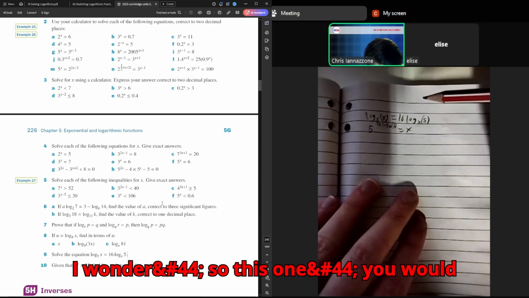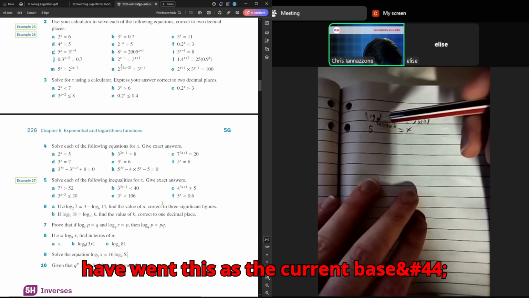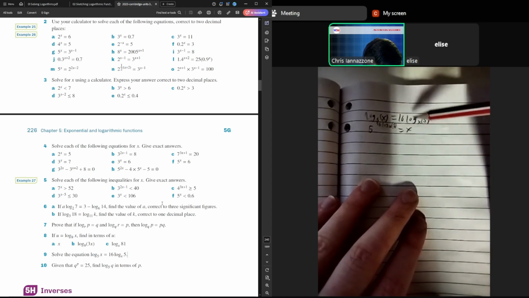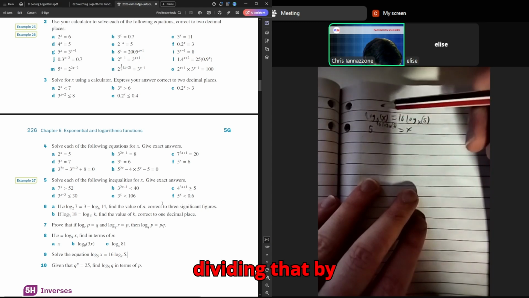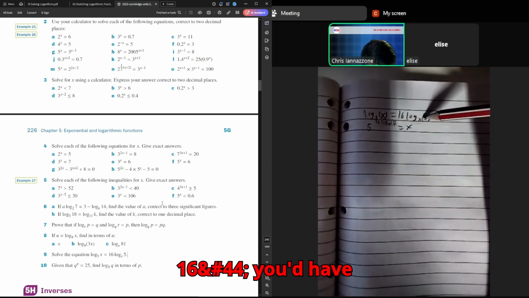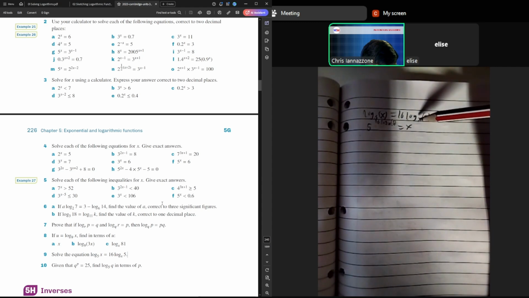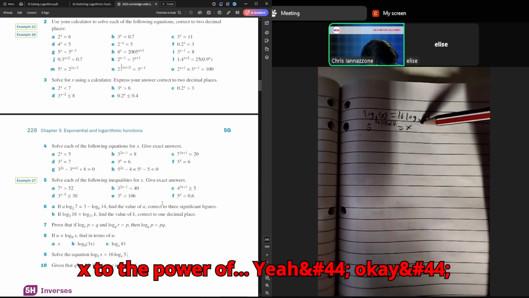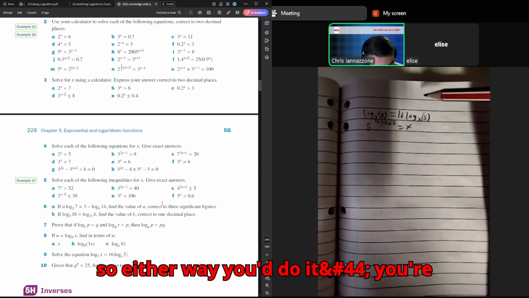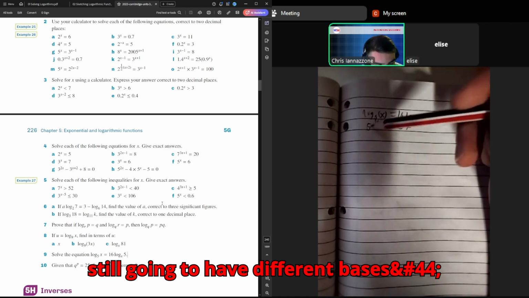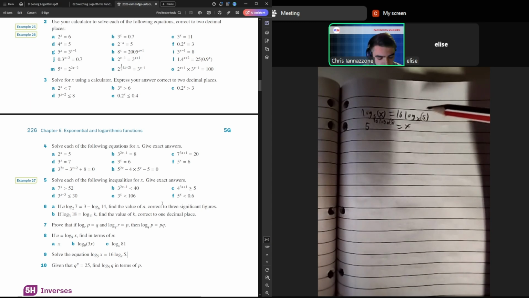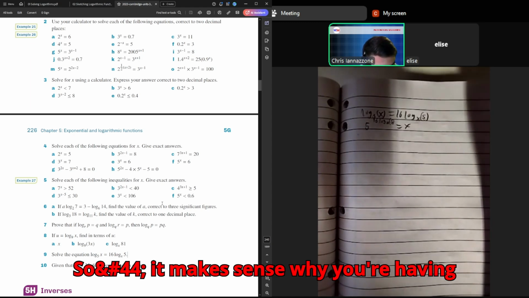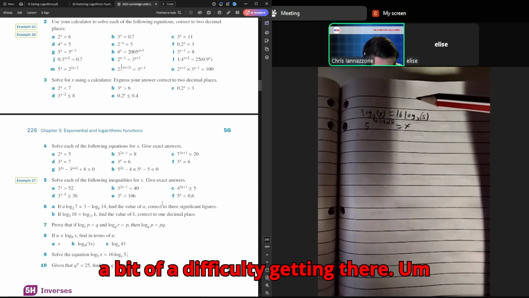If you do it the other way around, dividing that by 16, you'd have x to the power of... Yeah, okay, so either way you do it, you're still going to have different bases, unfortunately, so that identity doesn't quite hold for that. So it makes sense why you're having a bit of difficulty getting there.